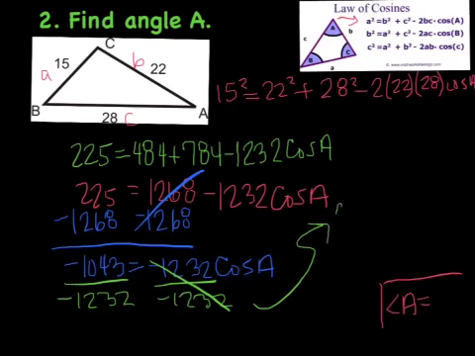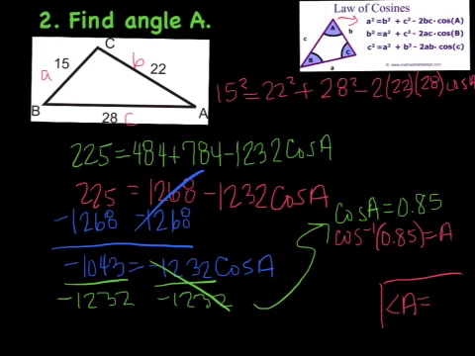Okay, so we have cosine A is equal to 0.85. Now, to find your angle, remember we use inverse cosine. So, cosine inverse of 0.85 equals A. So go ahead and do inverse cosine. Remember that's where you have to push the second key on your calculator for most of us.